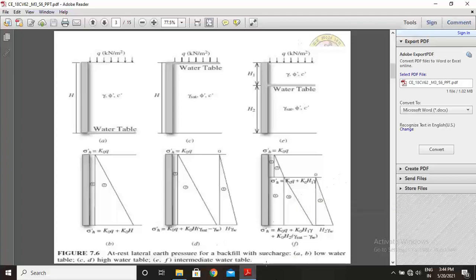And for this case, the water table is available at a different height. So for H1 height, you draw the pressure distribution diagram. H1 height means here K naught into Q is the pressure distribution diagram.